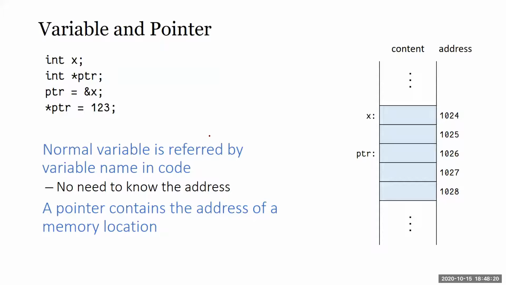This is just a recap of what happens with variables and pointers. When you have a normal variable, when you say int x, the compiler will allocate memory. When a compiler compiles your code into machine code, the program doesn't have variables.